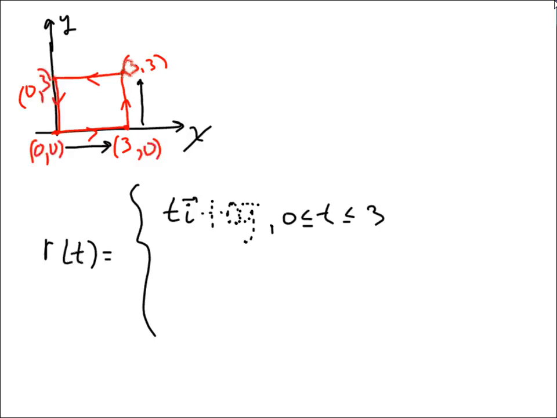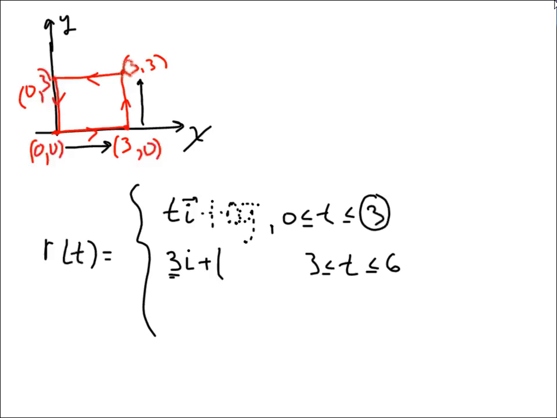Okay, now we're going up. y is changing, x is always 3. That is, it's going to be 3i. Since y is going up a distance of 3, I'm going to say t goes from 3 to 6.